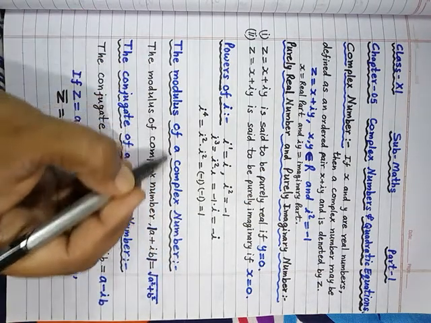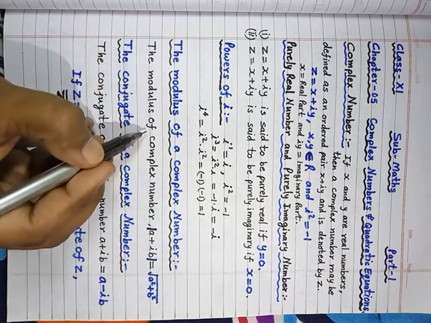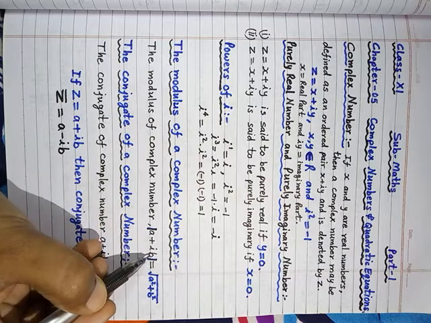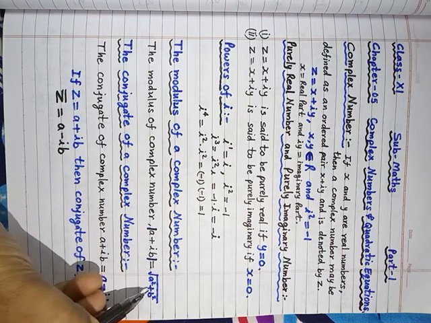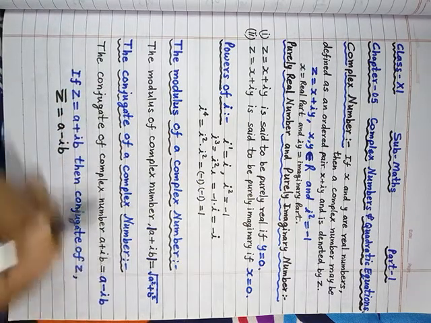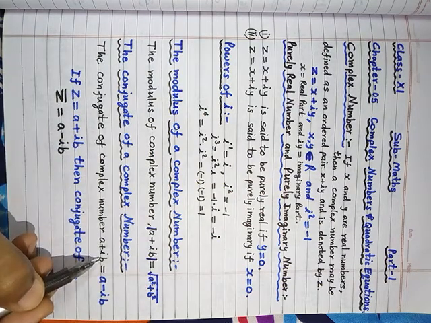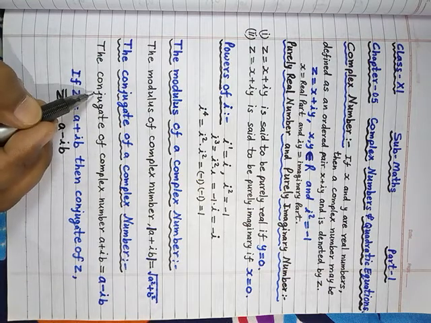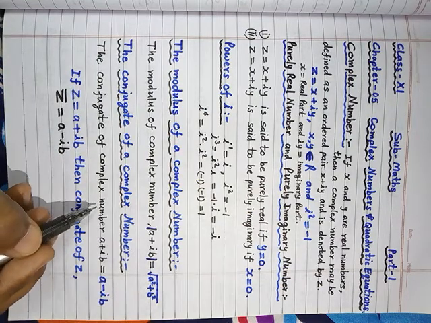The modulus of a complex number: mod of a plus ib is equal to the square root of a squared plus b squared. The conjugate of a complex number: the conjugate of a plus ib is equal to a minus ib. Every complex number has its own conjugate.